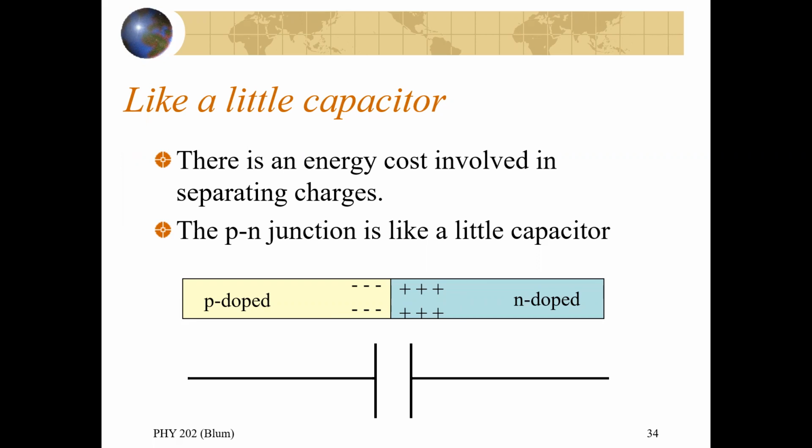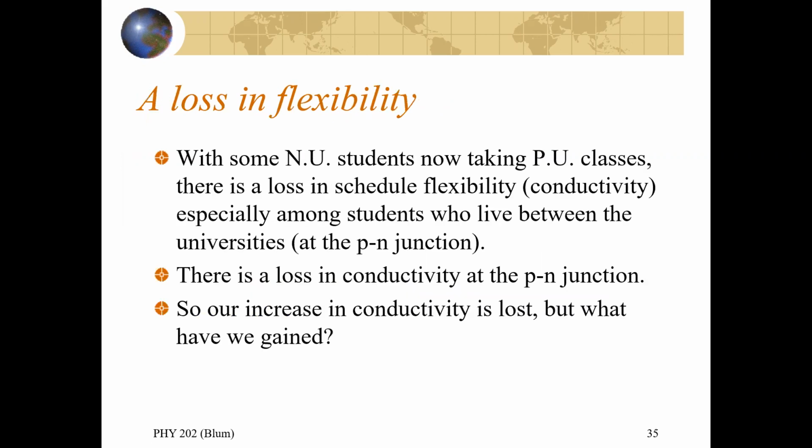Okay. So now, why did we do this? We p-doped, we n-doped, we brought them together, we had some gain in flexibility, we lost our flexibility, but we've gained something else.